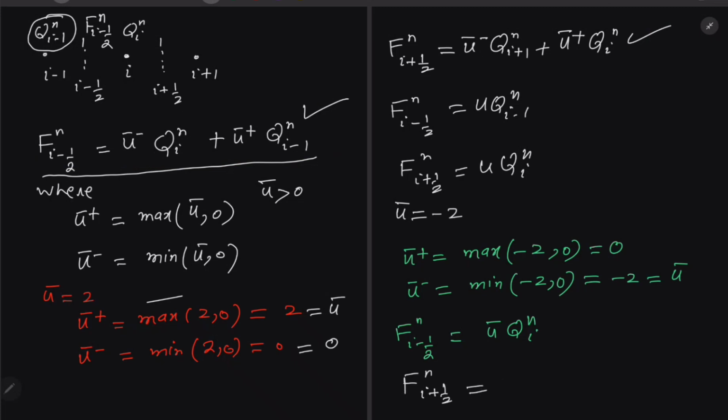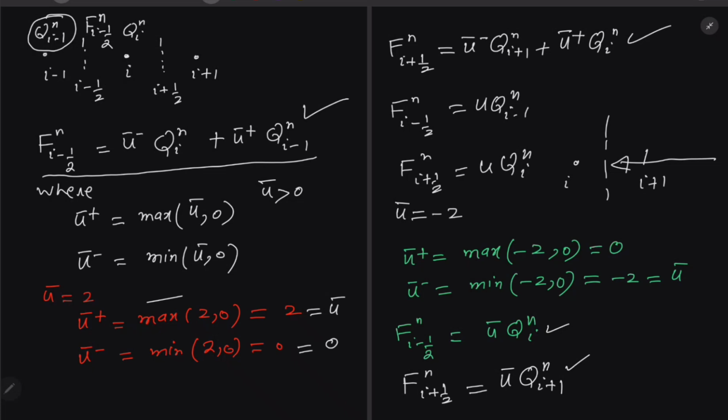Since u negative is u bar, that is u bar Qn I plus 1, and u plus is 0. So for u bar less than 0, the information is from right to left, and you can see that the values involved are I and I plus 1 in the formula when we put that into our numerical method.